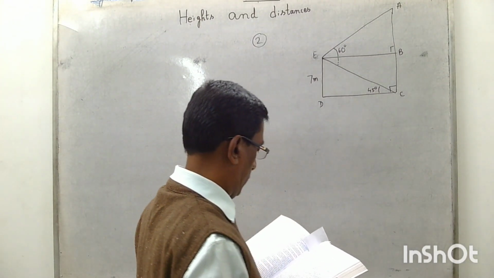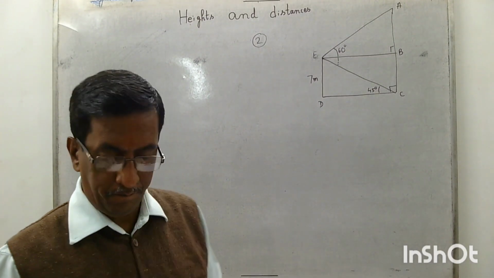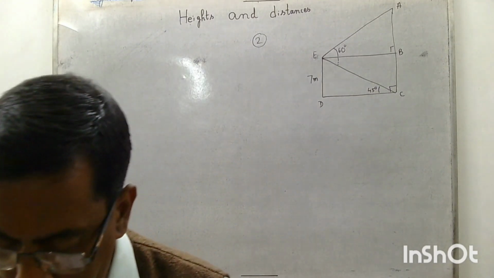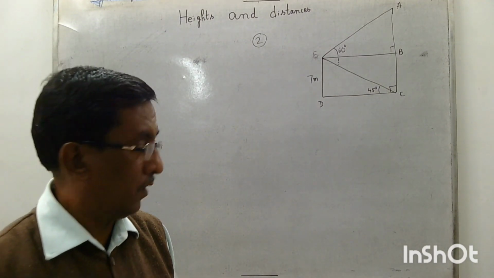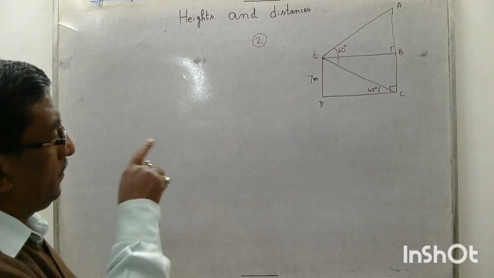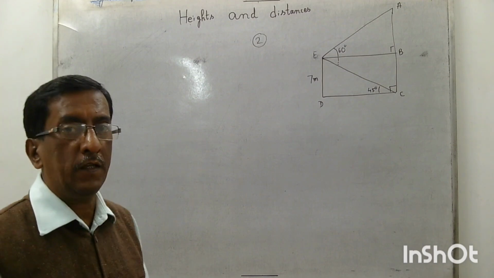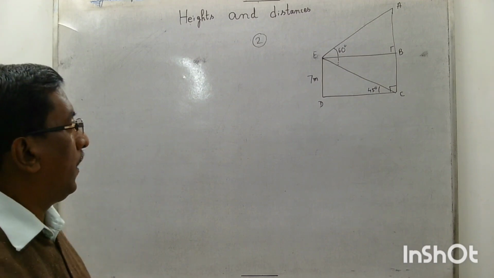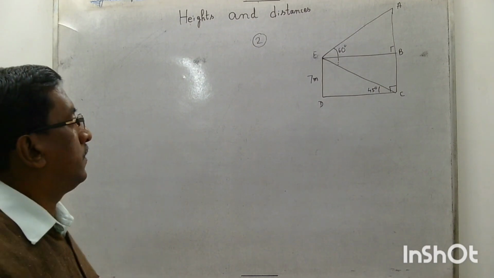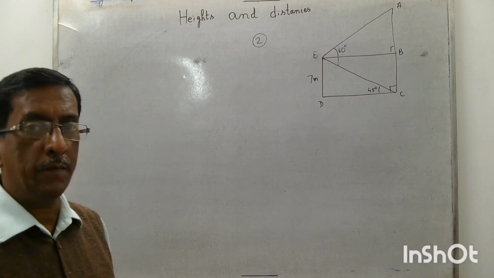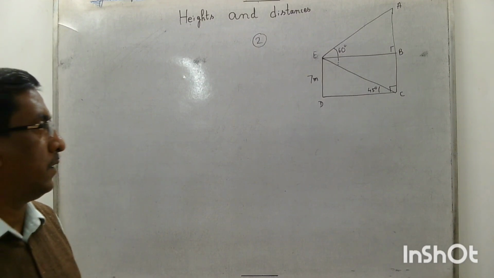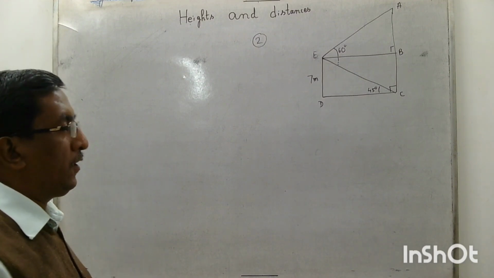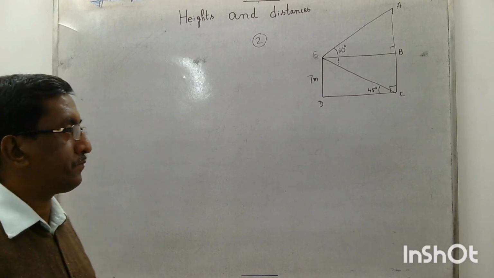So, the problem is AB is a cable tower and this ED, it is a building, high building. The height of the building is 7 meter.